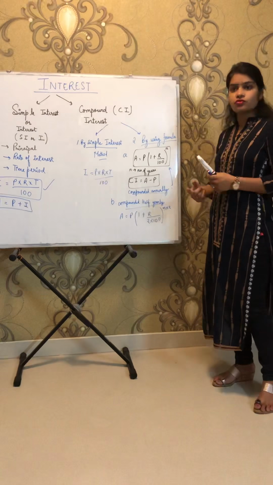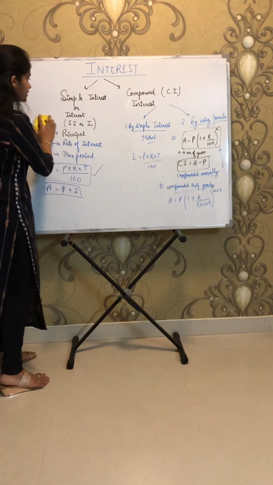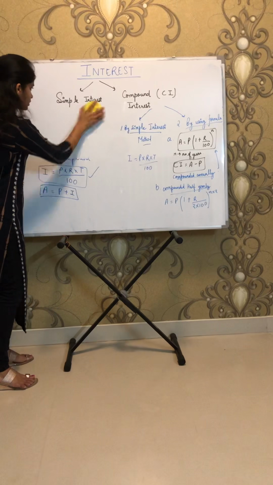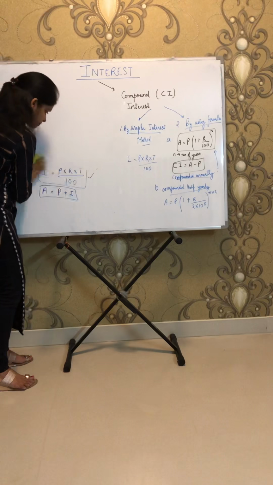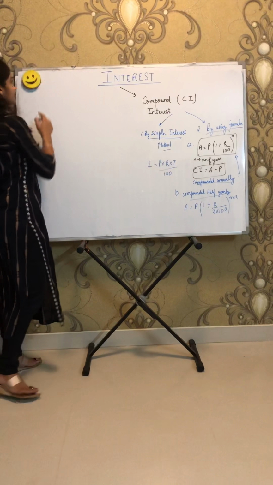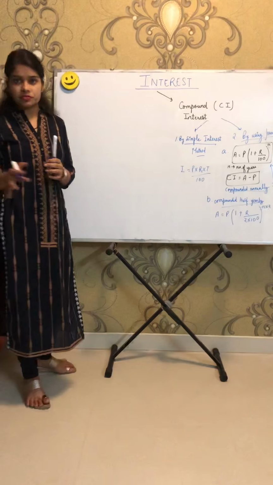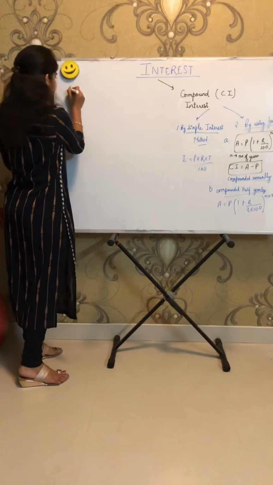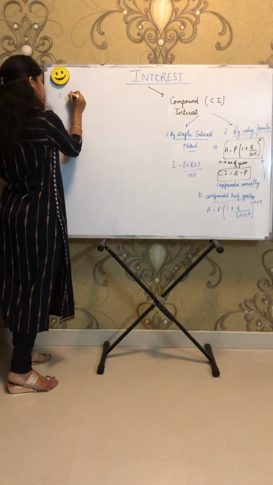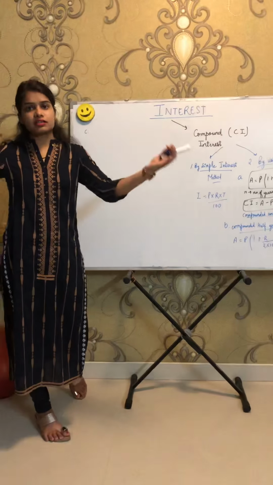There is one more formula for compound interest. See, there is another concept and a question comes in the exam. That is important for competition purposes also. And the third formula we have: suppose the rate of interest is changing year by year.